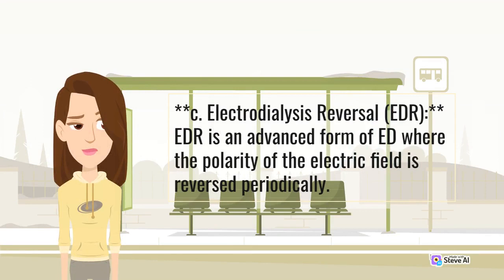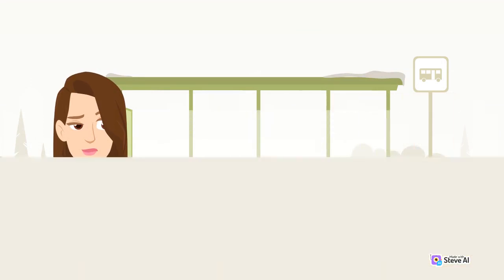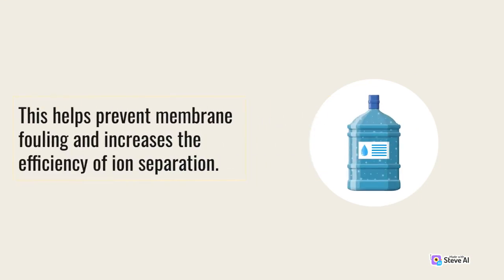C. Electrodialysis reversal, EDR. EDR is an advanced form of ED where the polarity of the electric field is reversed periodically. This helps prevent membrane fouling and increases the efficiency of ion separation.